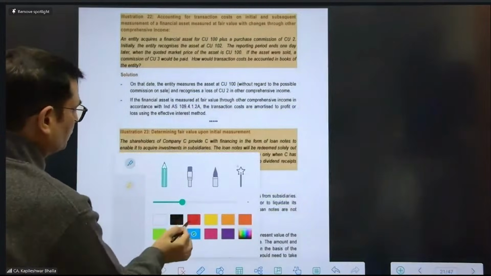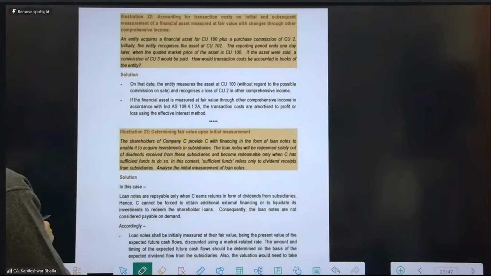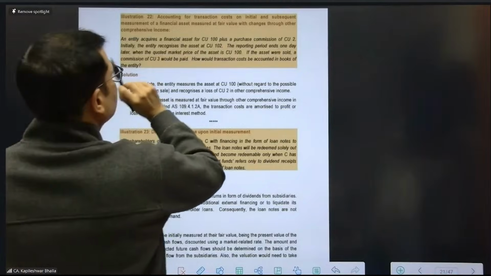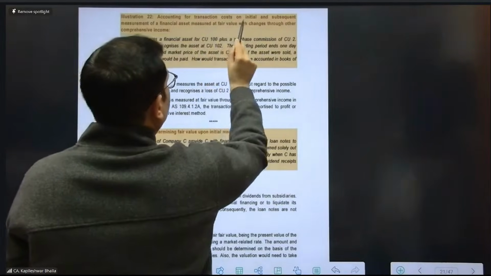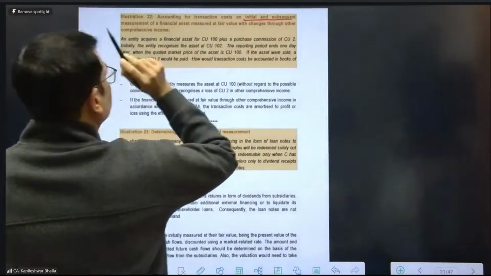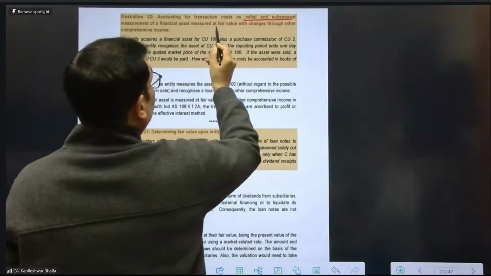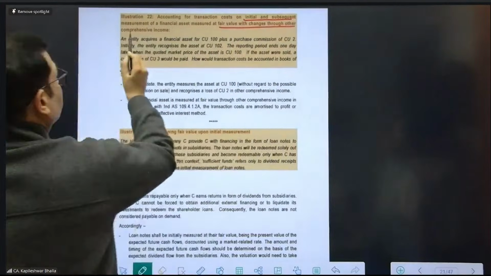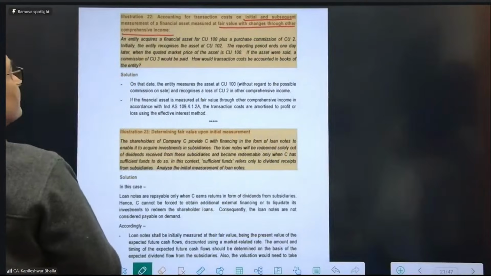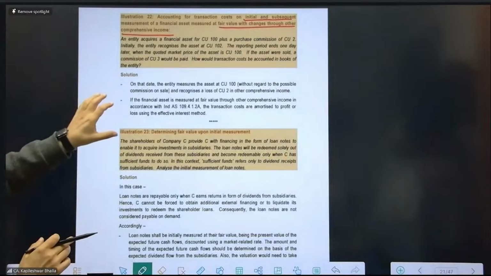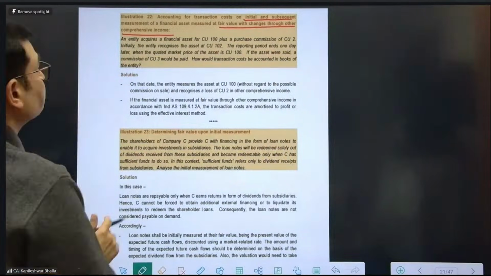Okay, so let's have a look at illustration number 22 and let's apply the funda. It says accounting for the TC on initial and subsequent measurement of a financial asset which is measured at fair value with changes in OCI. Now, this illustration is given in the appendix to the standard as well.